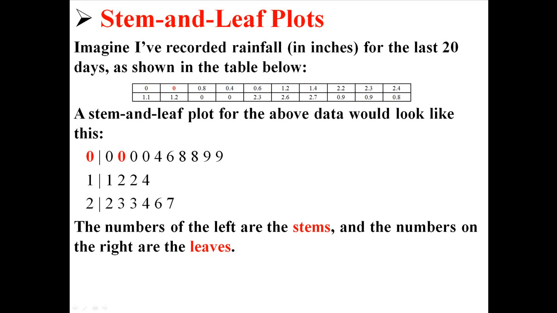Then here in red I have another 0.0, a third 0.0, and a fourth 0.0. Now I have a 0.4 and a 0.6 and so on. It keeps going like that, 0.8, 0.9, all the way up to 2.7. So this is a way of displaying data that uses less space than the original table.